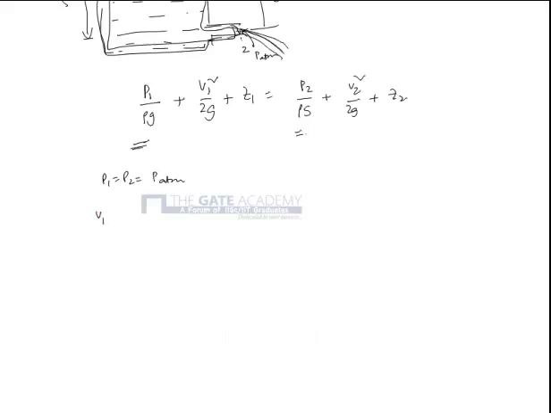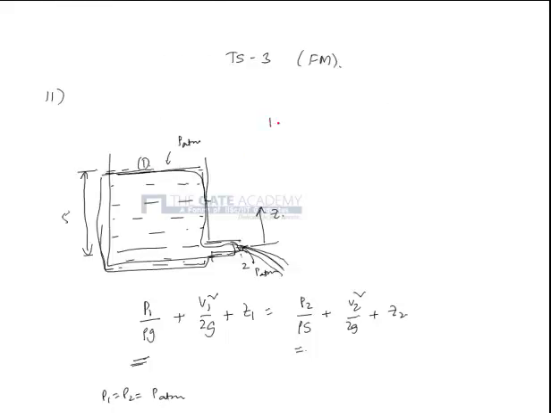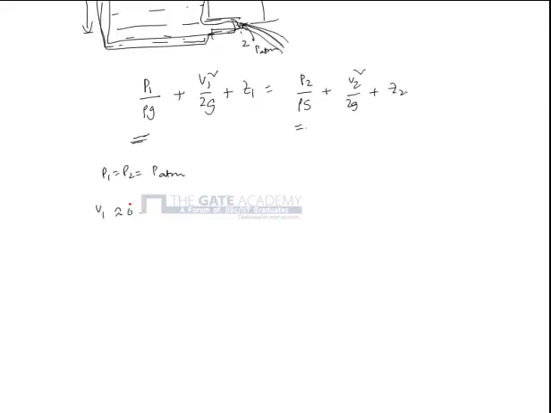Now V1, because it's a large tank, the area of cross section here is very large compared to the area of cross section of the tap jet. So the velocity V1 is almost 0 because of that large tank.